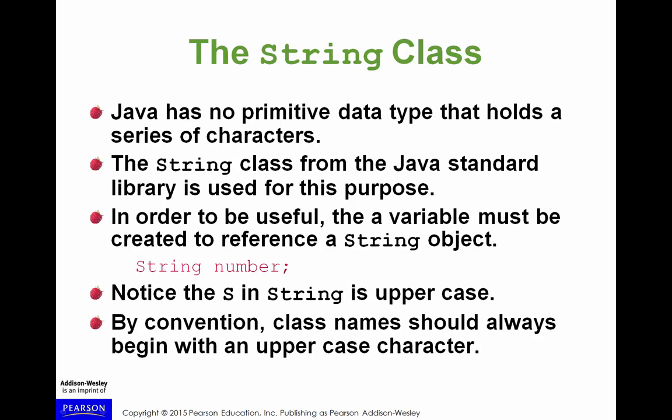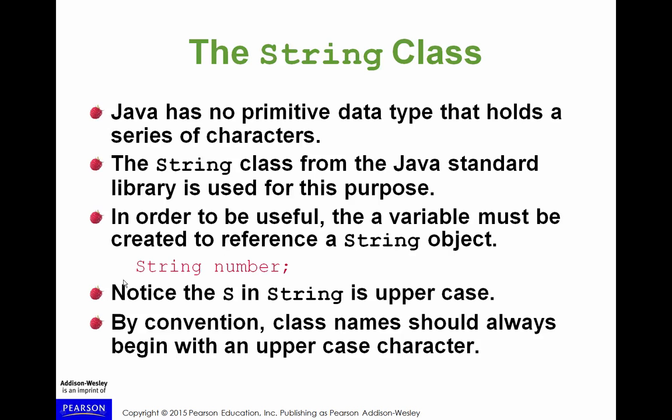Of course, to use a string, you have to create it, and we are allowed to create it just like we create primitives by having a statement like this, which is a declaration, and all declarations work the same way. We have a type, which is string, and we have the name of our variable, which in this case is number. That's going to come up over and over again.